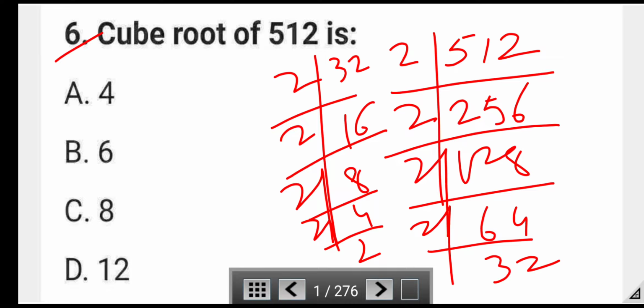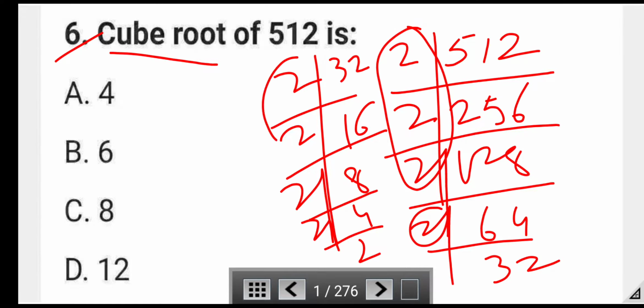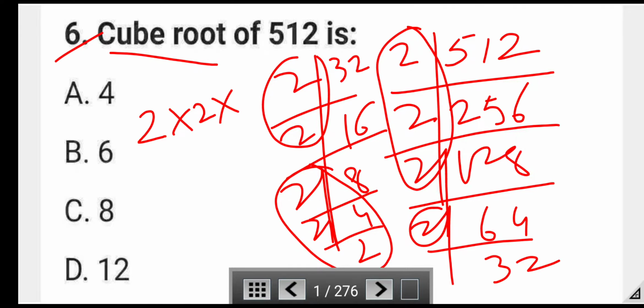Now make groups of 3 for cube root. We get 3 groups which are complete by 2. So cube root is equal to 2 multiplied by 2 multiplied by 2, which is equal to 8. So C option is the right option.